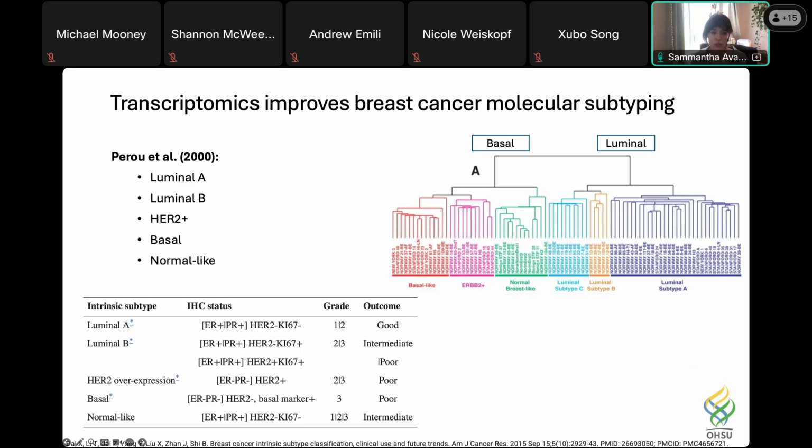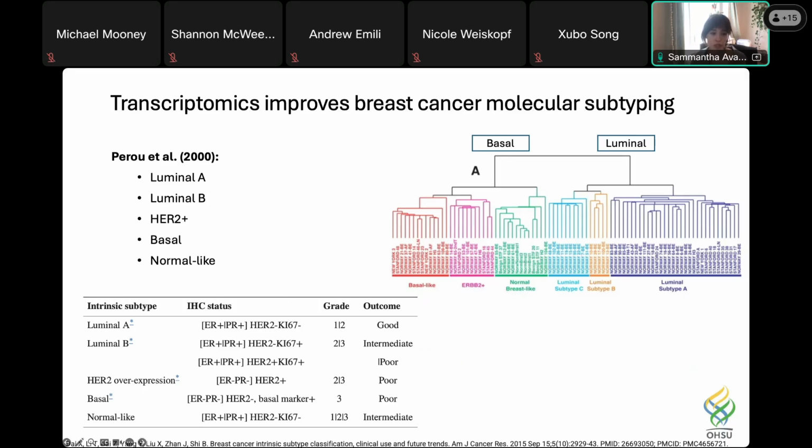If we look at the table at the bottom left, we can see that these molecular subtypes can also be characterized by immunohistochemistry status as well as tumor grade. Briefly, luminal A and luminal B are both within the luminal subtype. These two subtypes are characterized by being hormone receptor positive, so ER or estrogen receptor positive, as well as progesterone receptor positive, as well as HER2 negative.